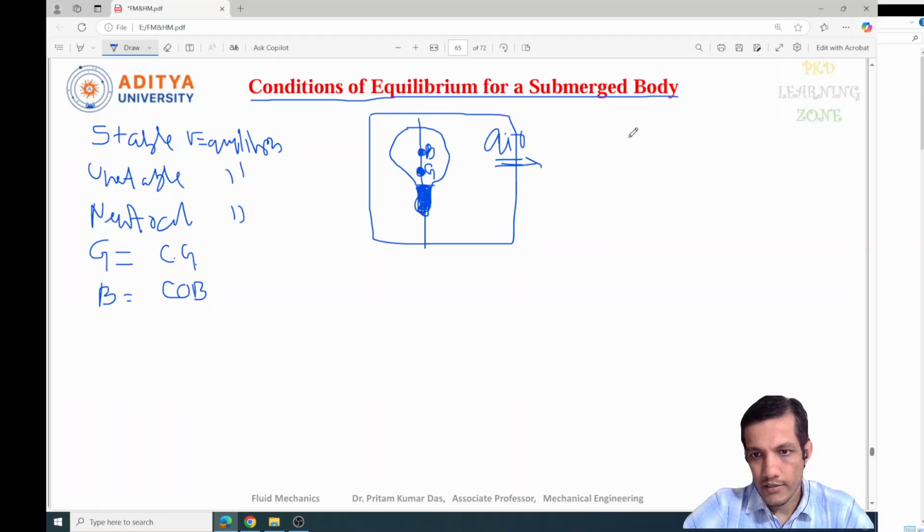Again, let's draw it. It will be like this somehow. And after rotation, this will be our axis line, because it was rotated in this way.